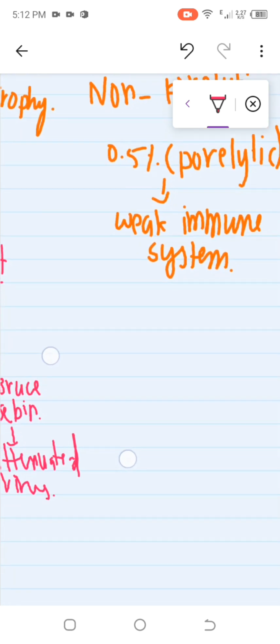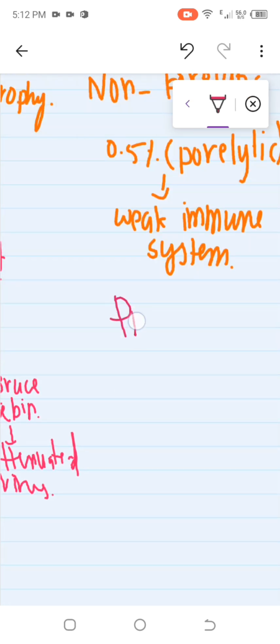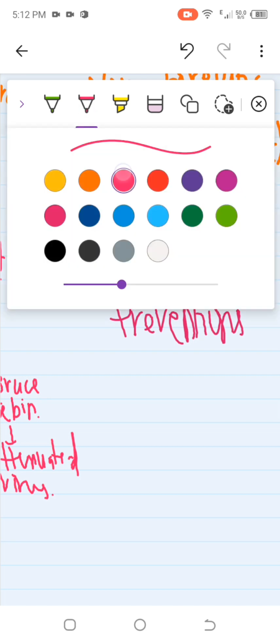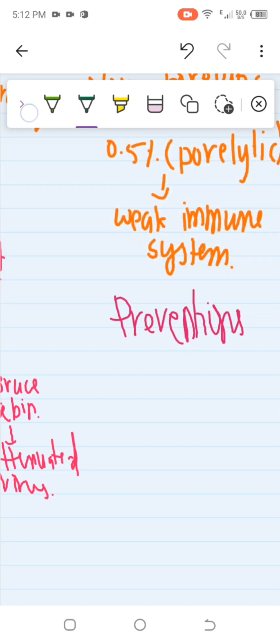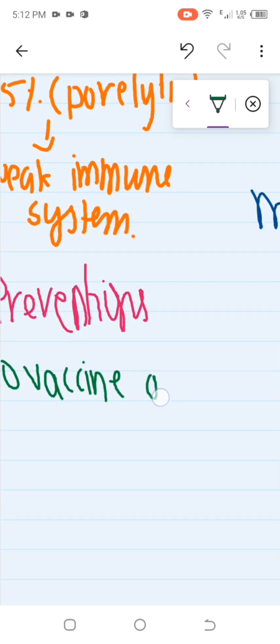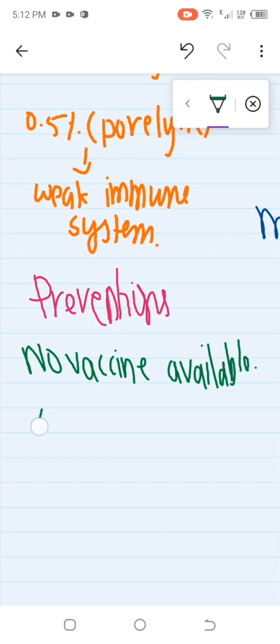Now if I talk about prevention, what are the preventions of this? Here, no vaccine is available. Then antiviral drugs can be used against this.